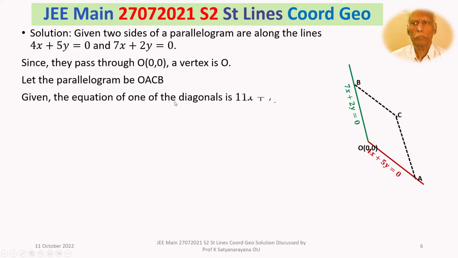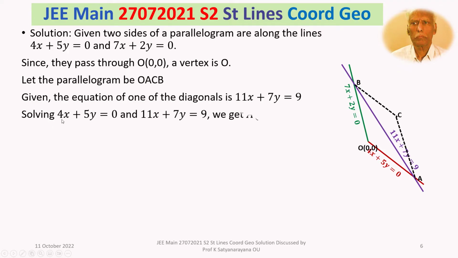Given the equation of one of the diagonals as 11x + 7y = 9, let the diagonal be BA. So BA is here, 11x + 7y = 9. Since the diagonal BA is known and one of the sides OA is known, the point of intersection A can be found.